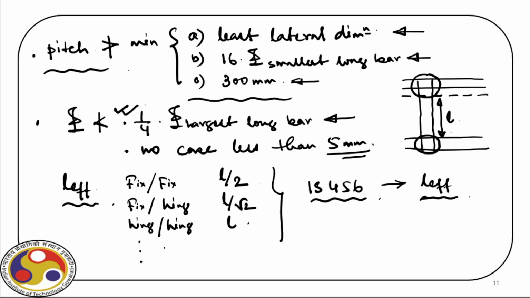I repeat once more that these values are further modified, and that table is there in IS 456. When that example comes, we will show you.